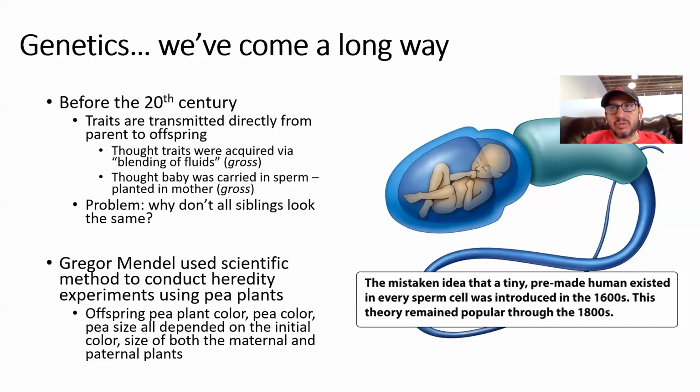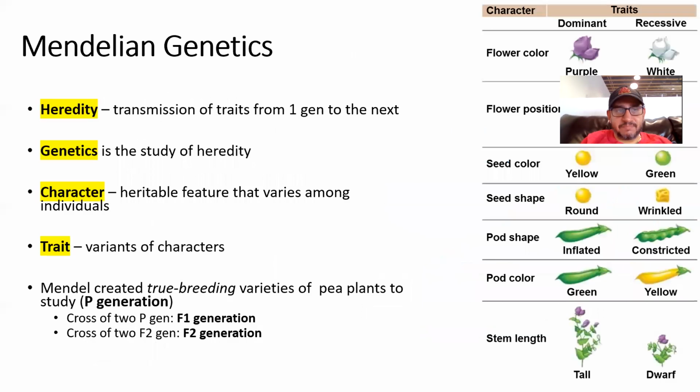So basically, he was able to break it down into the pea color itself, the pea size, the shape of the peas, the size of the stalk, the petals of the pea plant, and then the flowers that would bloom from those pea plants.